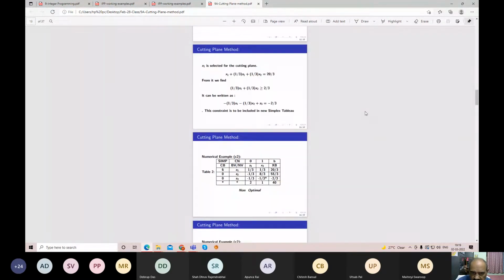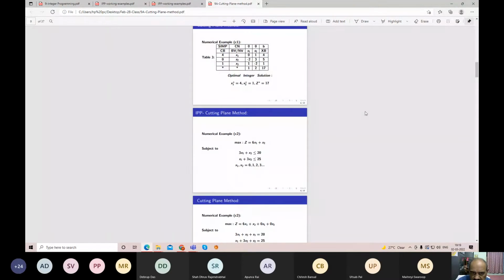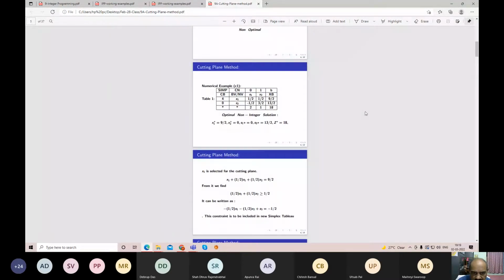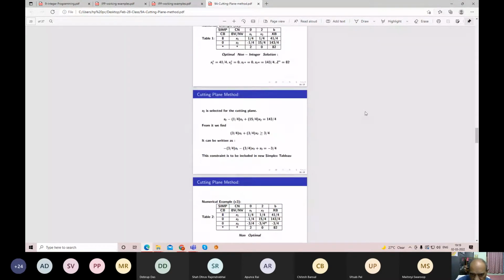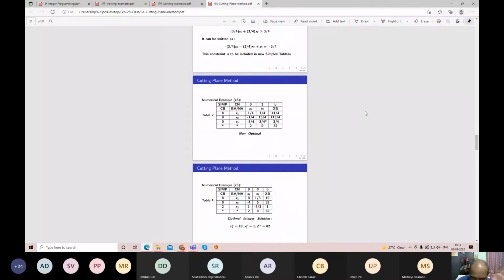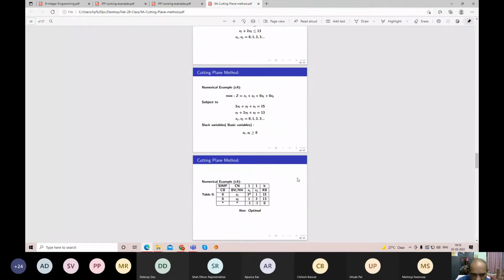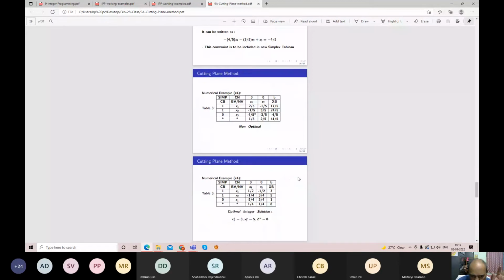There are 5 problems, C1, C2 up to C5. C stands for the cutting plane rule I have put here. In fact there are plenty of problems in my computer, so I don't want to disturb you. So only 5 problems I've given so that you can try all the 5 problems.